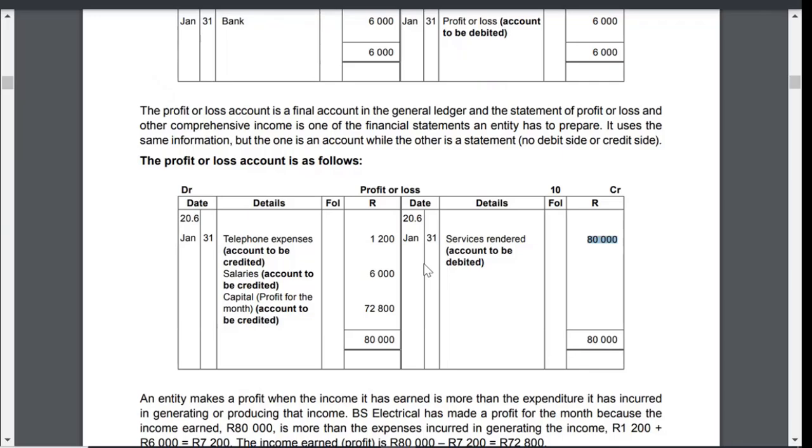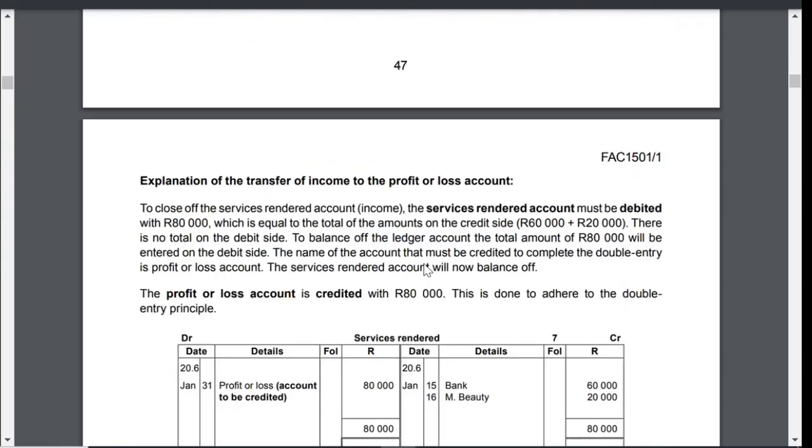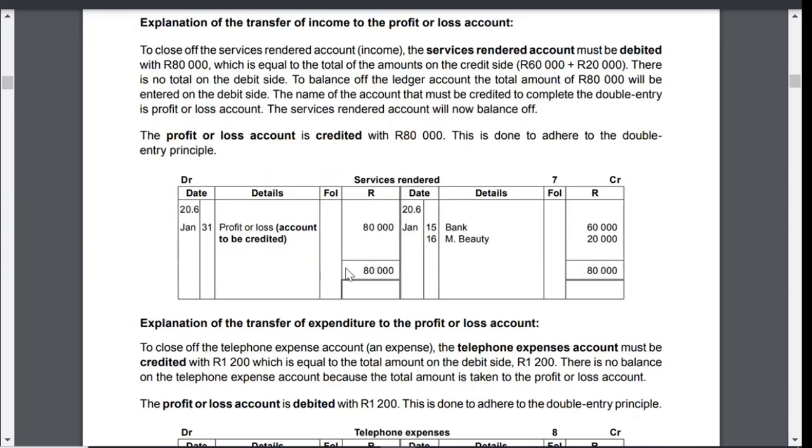Okay. So basically what they're doing is they are closing off the individual income and expenses accounts. After this, can you see that the service account has nothing? There's nothing because they've taken this balance out to be credited.